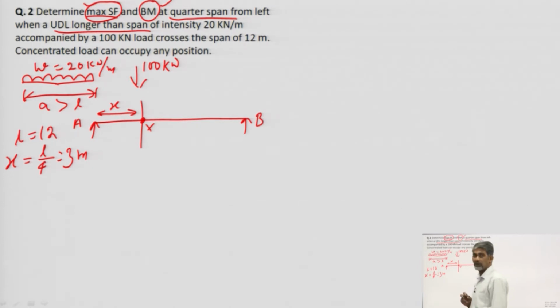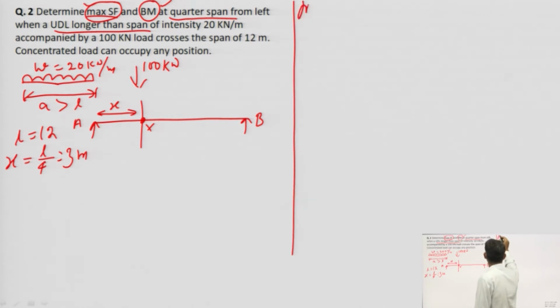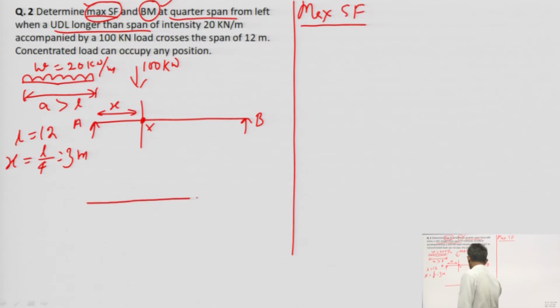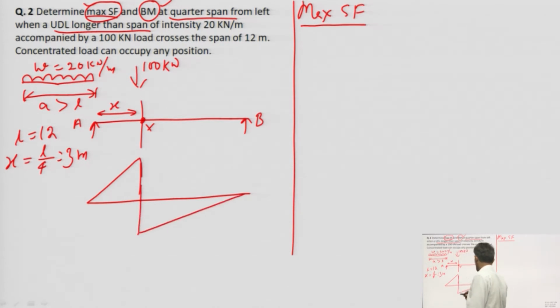First step is to plot the influence lines for shear force and for bending moment. First of all we are doing it for maximum shear force. So, let us plot the IL. I told you in the previous class that the IL of this beam will have this shape.